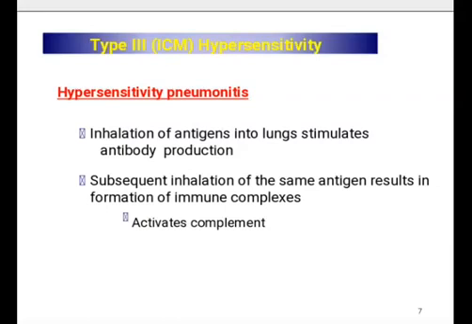In the pathophysiology of this disease, inhalation of antigen leads to an exaggerated immune response, that is hypersensitivity, and it can vary depending on the cause of the disease.